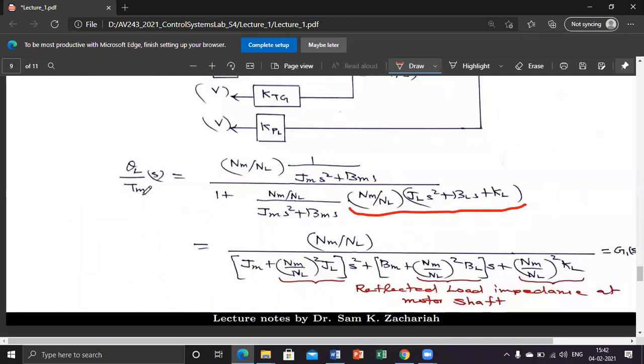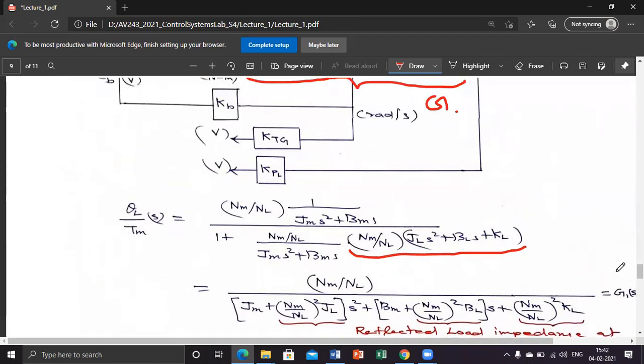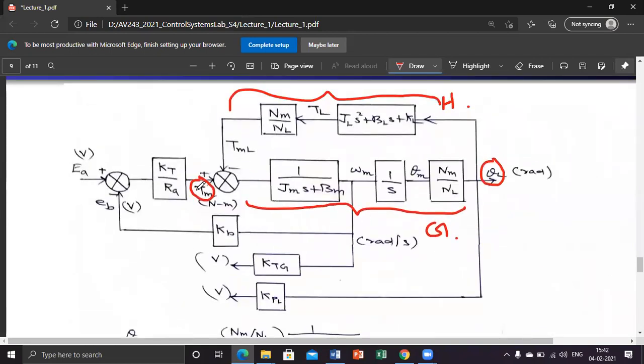So whatever Tm, it first operates on the total equivalent impedance, which will produce a deflection of theta m. That theta m value multiplied by Nm by Nl gives theta L. So this transfer function I am calling G1(s).